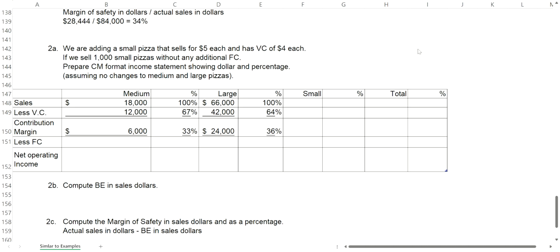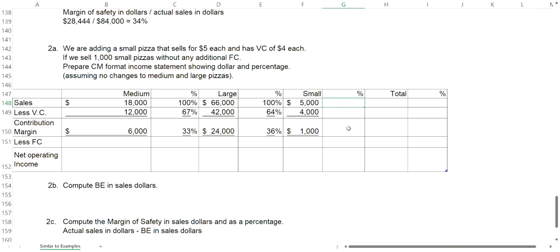Okay, so basically I'm going to add on the selling of the small pizzas. So it would be 1,000 pizzas at $5 is 5,000. The variable cost would be 1,000 pizzas at $4 for 4,000. And you would have additional contribution margin of 1,000.